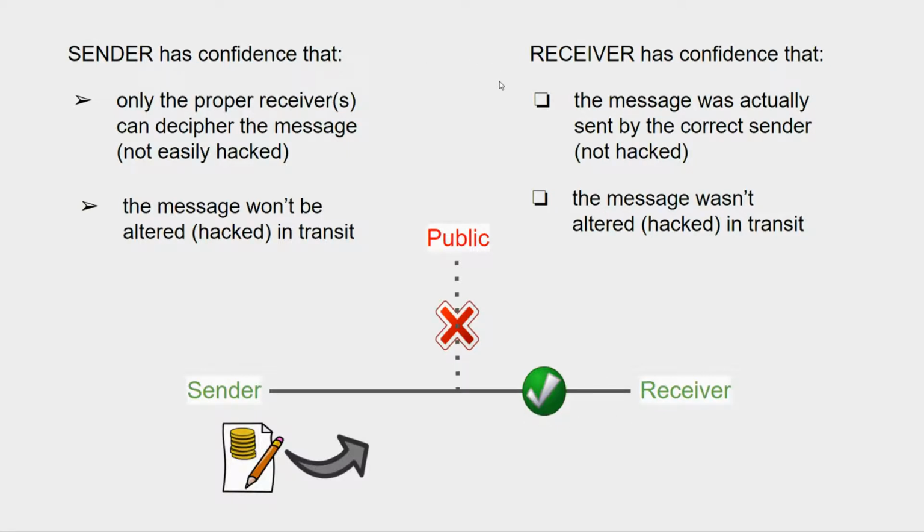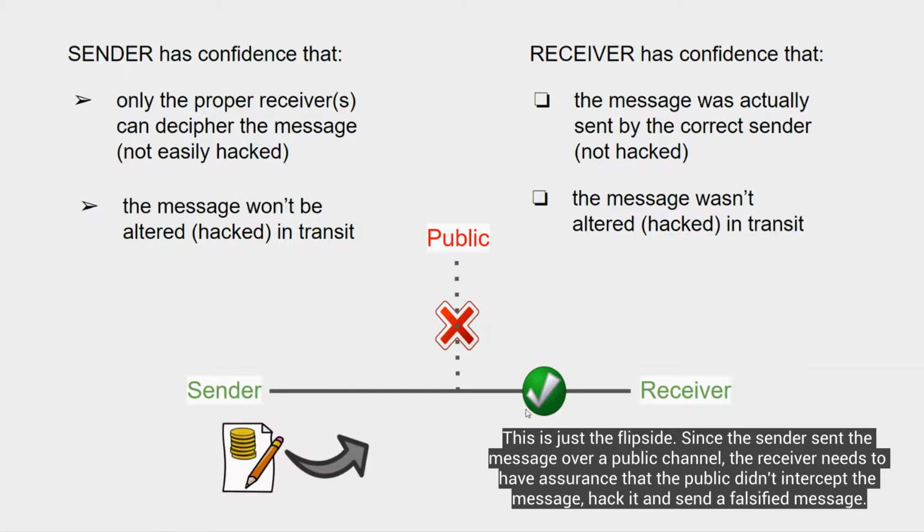Likewise, cryptography ensures that receivers of the information have confidence that the message was actually sent by the correct sender, i.e., not hacked, and the message wasn't altered or hacked in transit. Again, this is just the flip side.